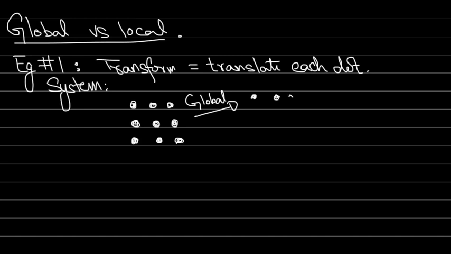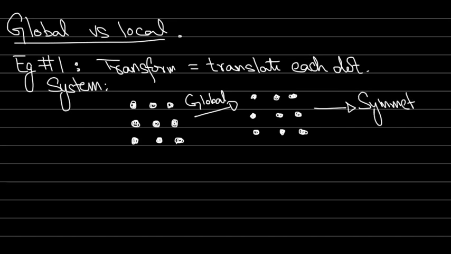Yeah, so now when we translate all of these dots in this manner, that is when we say that we have performed a global transformation, and the transformation was on translating these dots. And so you can clearly see that this part is symmetric.